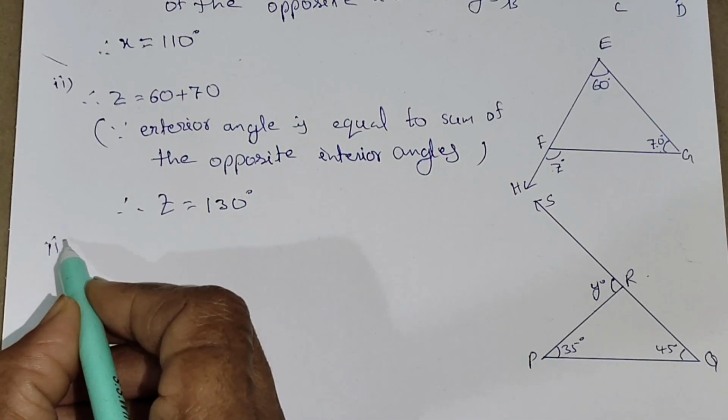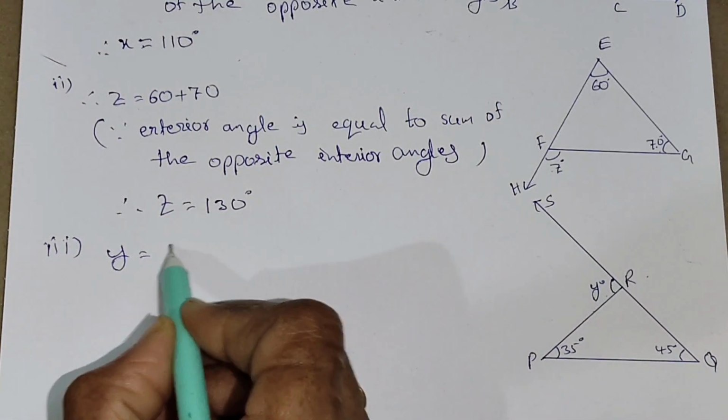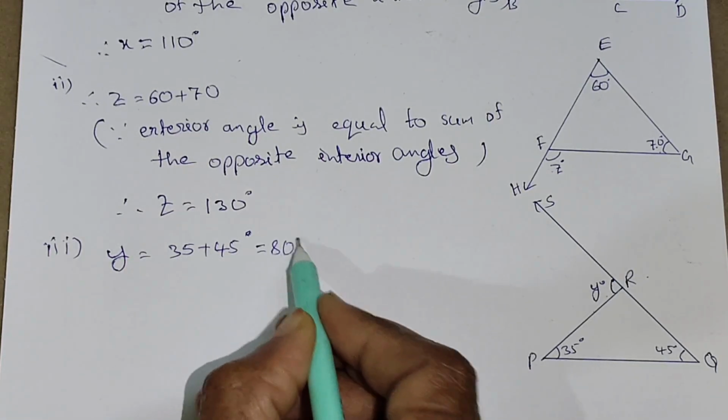Next, the third diagram. Here also it is the same: one exterior angle and two interior angles are given. So y is equal to 35 plus 45, which equals 80.